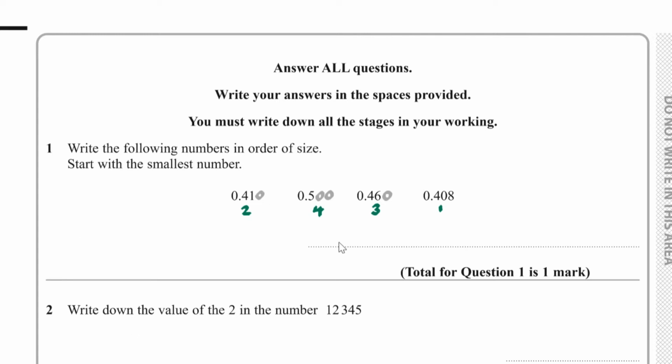So writing the original list of numbers in order of size with the smallest first, we have 0.408, followed by 0.41, followed by 0.46, followed by 0.5.